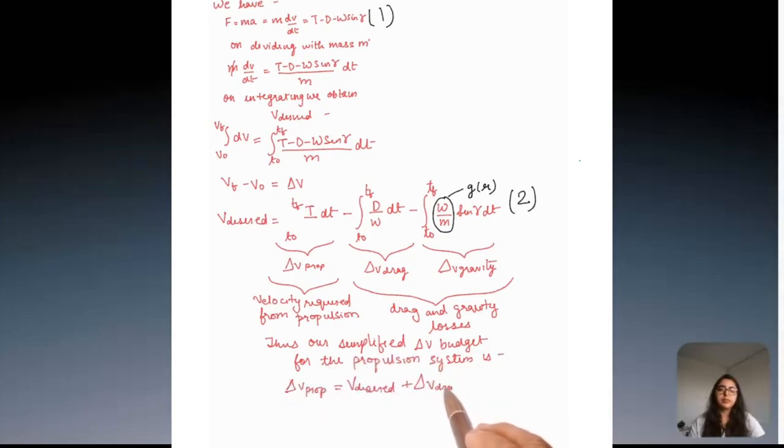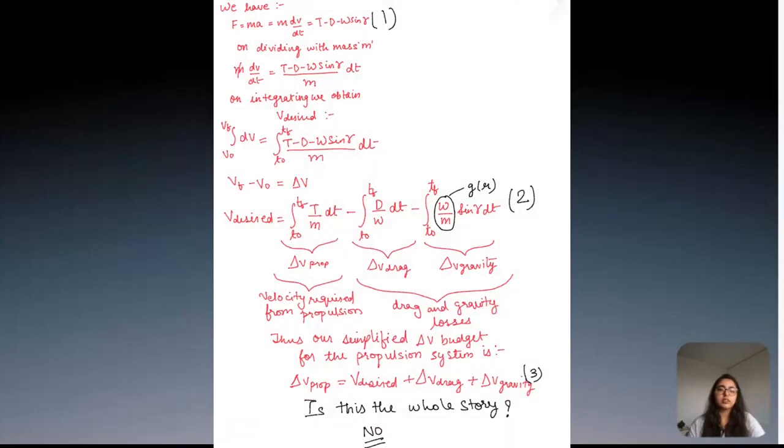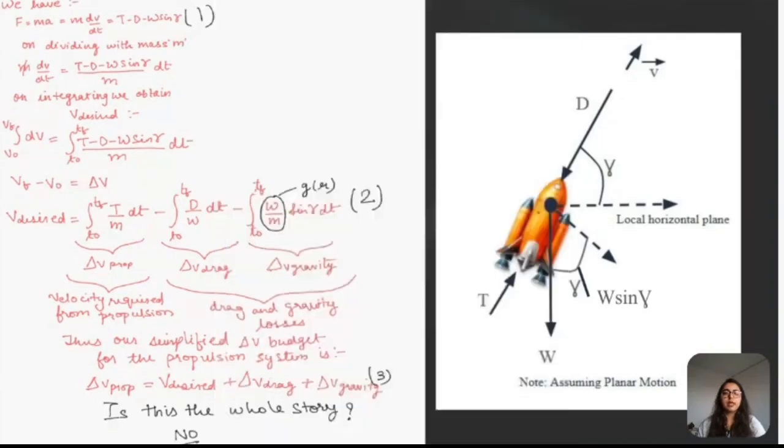Taking our equation further, we find the desired velocity v as the integral of T over m dt, minus the drag and gravity terms. The integral on the left becomes v minus v0, which equals delta v, and from the equation we find the desired velocity.